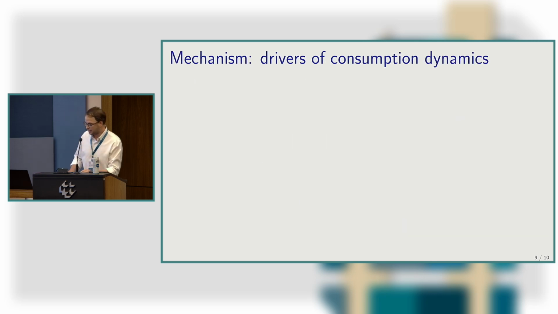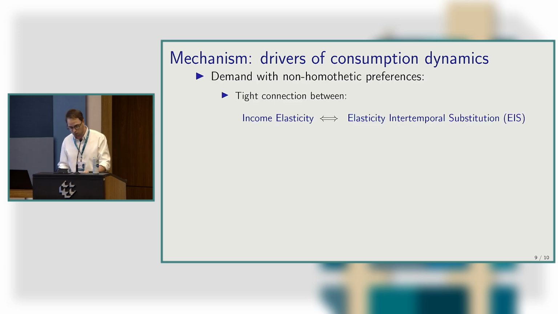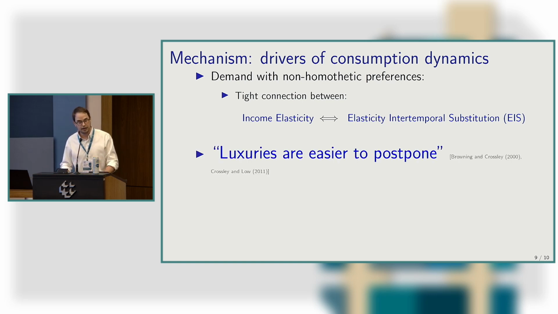And the second is a minor comment on the mechanisms driving consumption dynamics in the model. When we work with models of demand with non-homothetic preferences, these models imply a tight connection between two very important elasticities: income elasticity and the elasticity of intertemporal substitution. This is the idea that luxuries are easier to postpone.